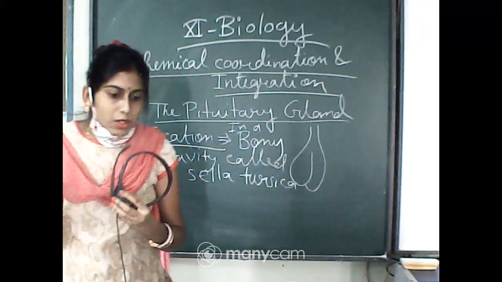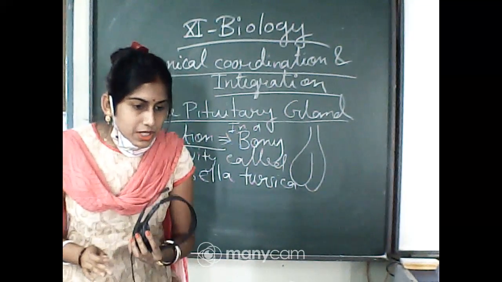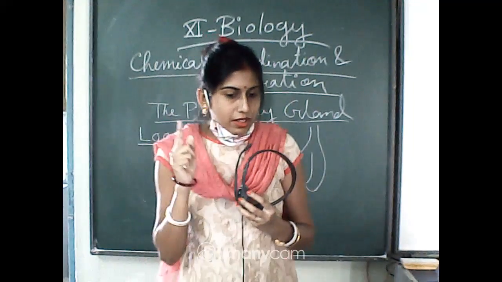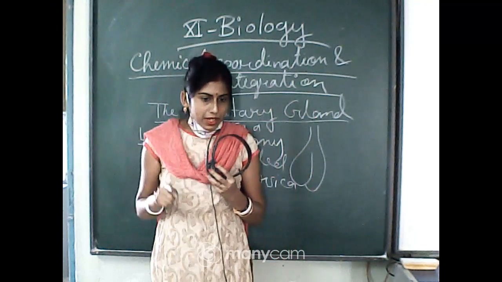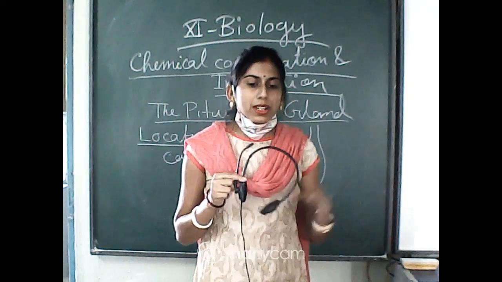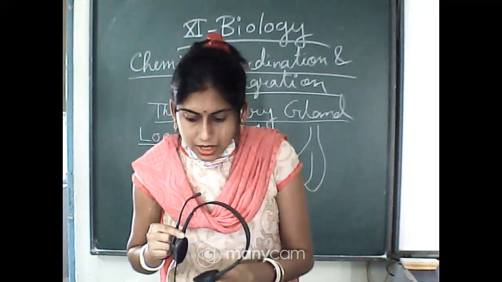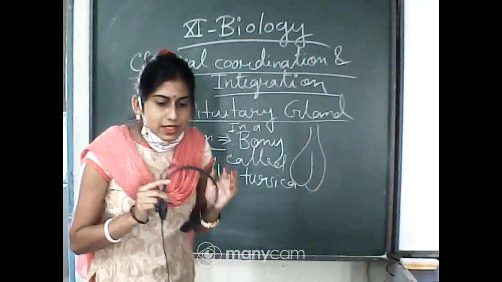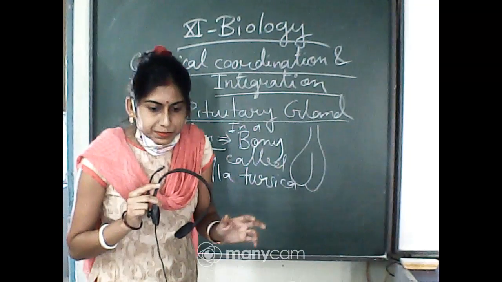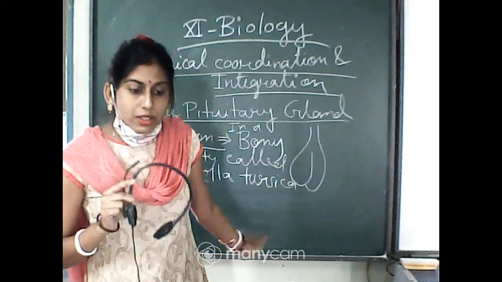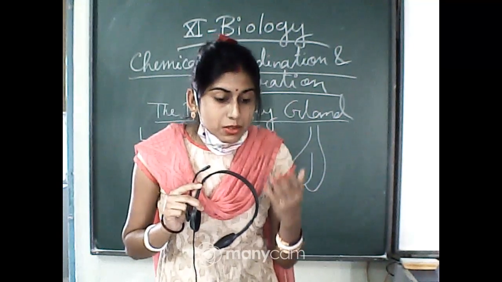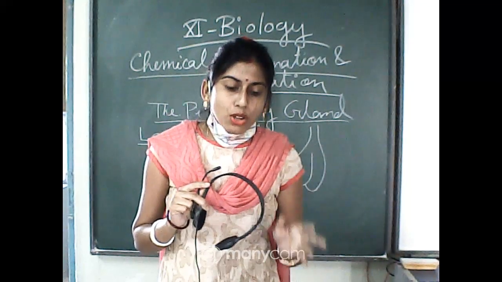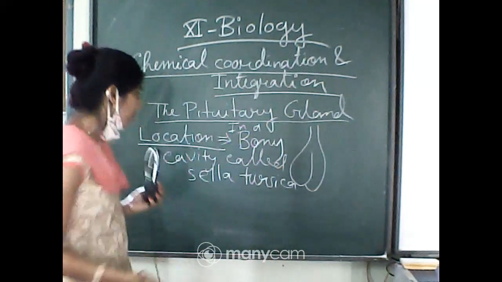So I am repeating, what is the location of the pituitary gland? Pituitary gland is located in the brain. And in which part of the brain? In the brain there is a bony cavity which is called sella turcica, and it is attached with the hypothalamus with a stalk which is called infundibulum.